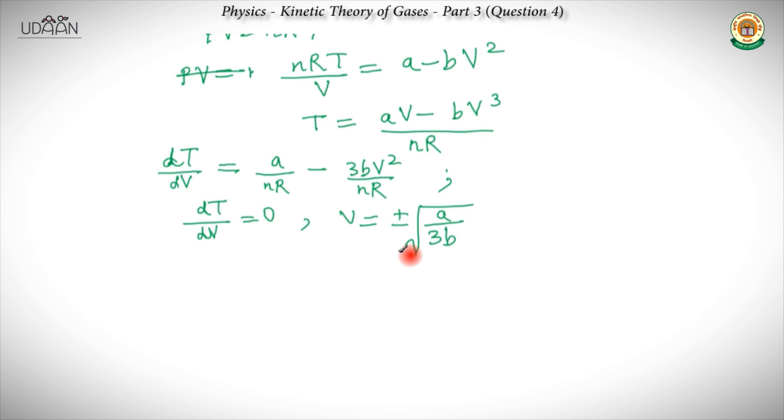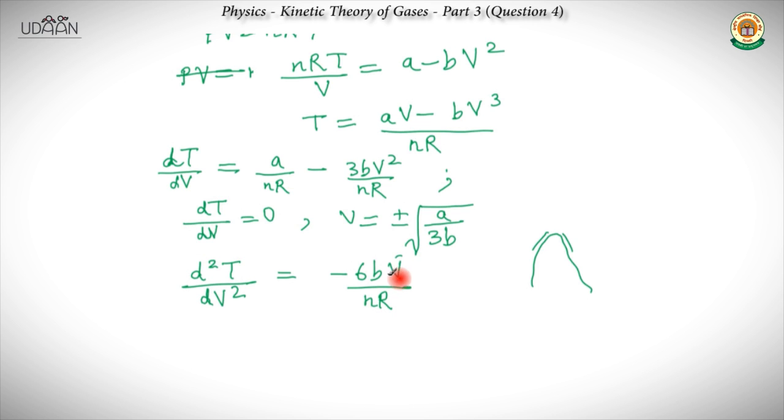Now we have to find whether it is a maxima or a minima. So we find the second derivative, d2T by dV2 equals minus 6BV by nR. Now in case of a maxima, the second derivative has to be negative, because the slope before that is positive and after it is negative, so the second derivative has to be negative.